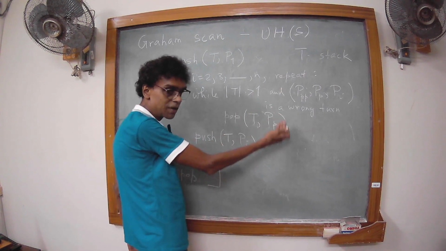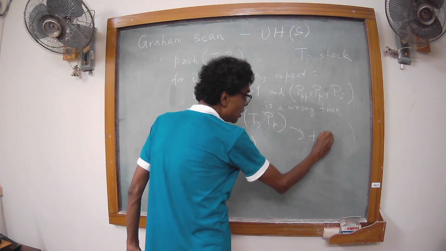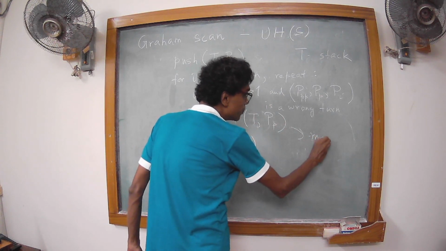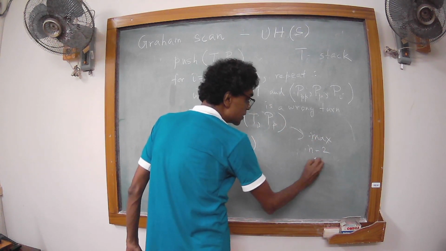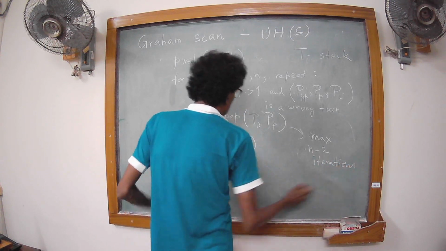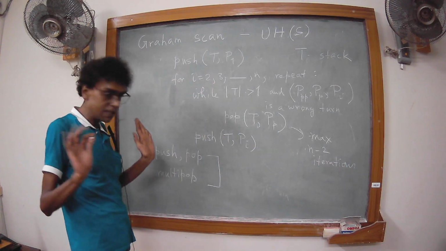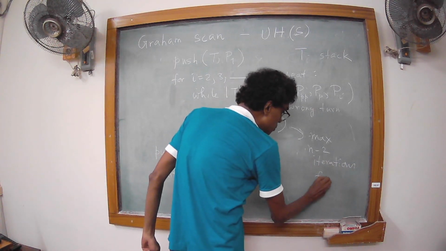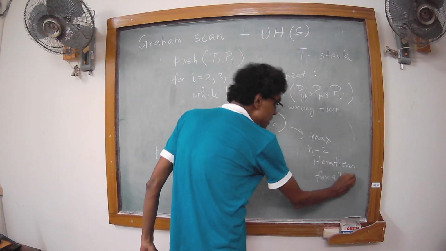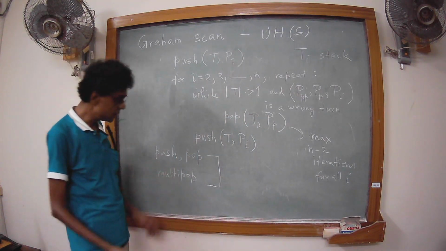For example, the argument that I gave is also valid: a total of at most n minus 2 pops, not for each i, for all i. This way you can view it, or you can do a kind of amortized analysis.